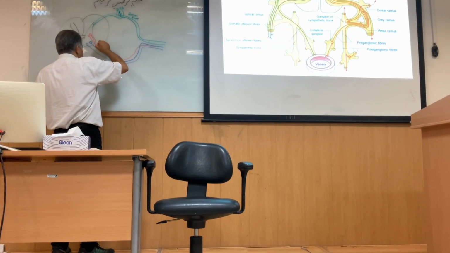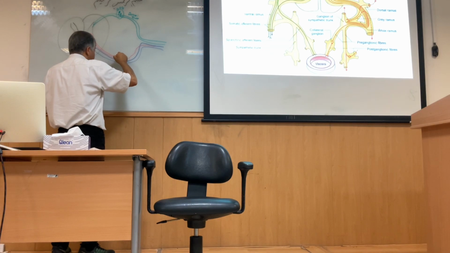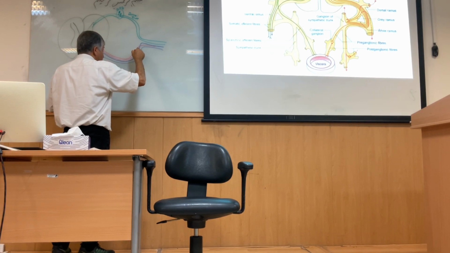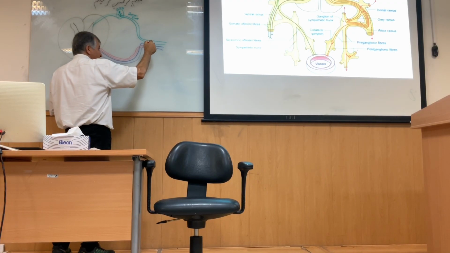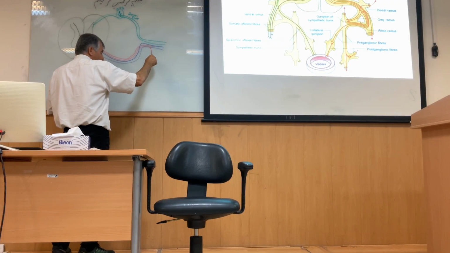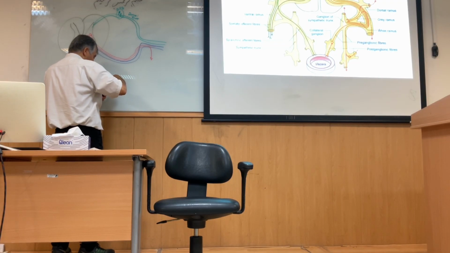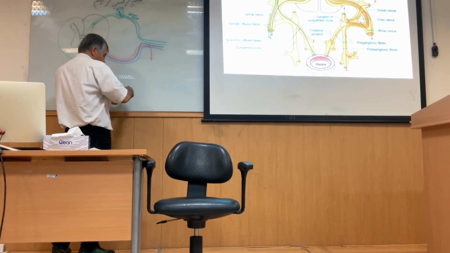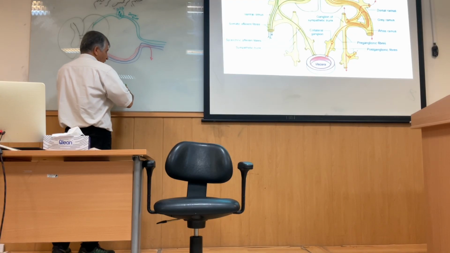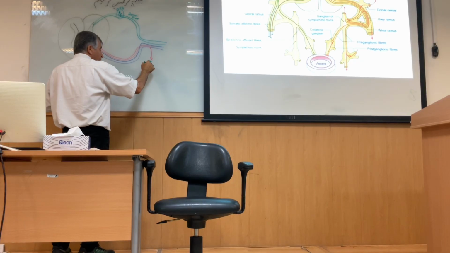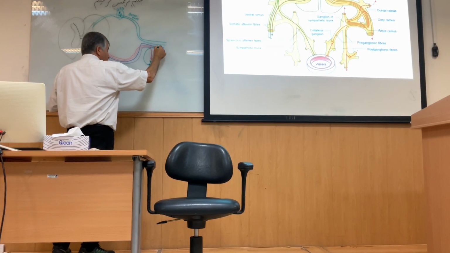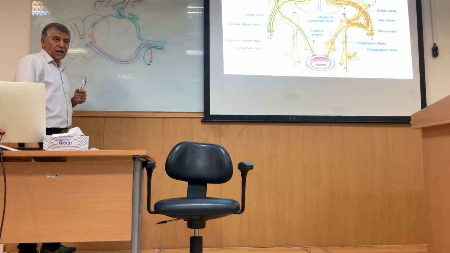But this fiber has synapses in the ganglion. For this reason, these fibers leave the spinal nerve, enter into the ganglion, synapse in the ganglion, and go back toward the spinal nerve.